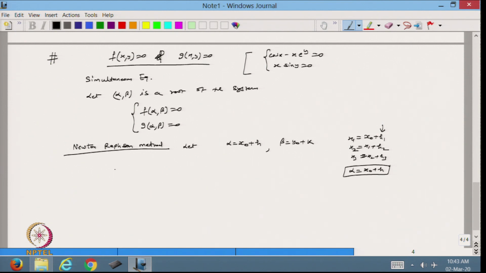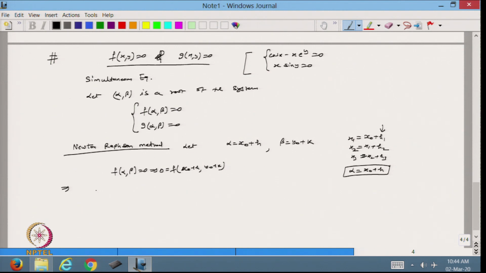Now, from here I know that f(alpha, beta) is equal to 0, because this is the root. So, from here I can write f of x0 plus h and y0 plus k is equal to 0. Now, this function is a well defined function, its partial derivatives exist.